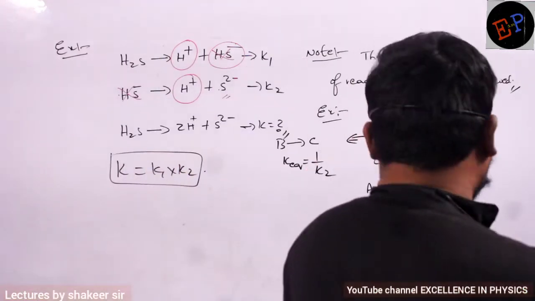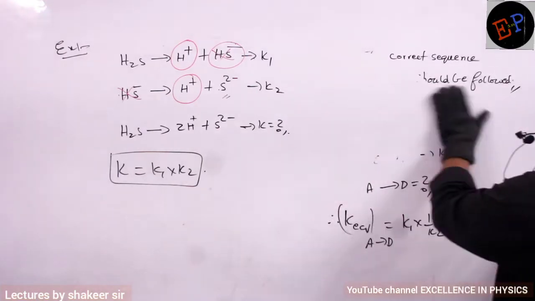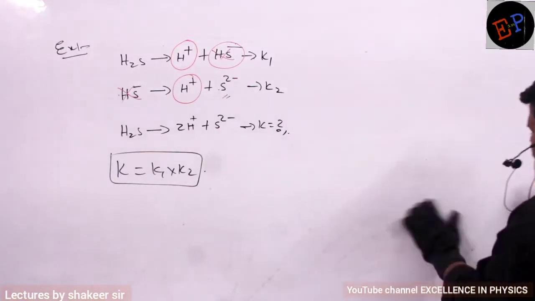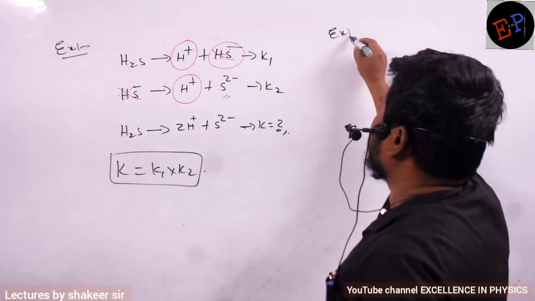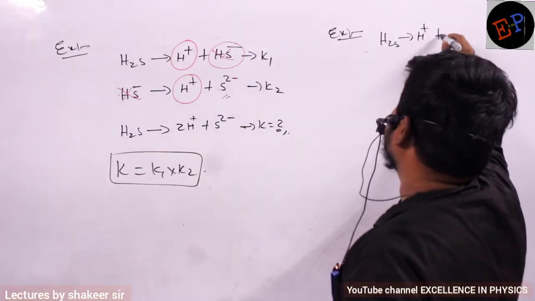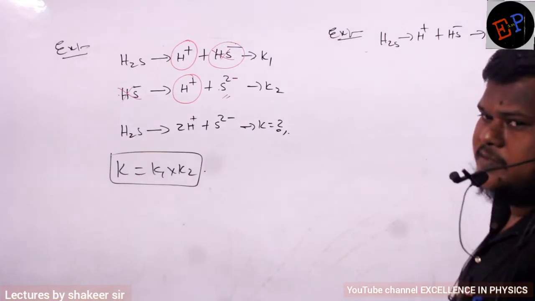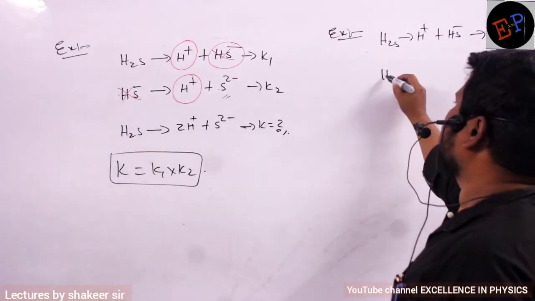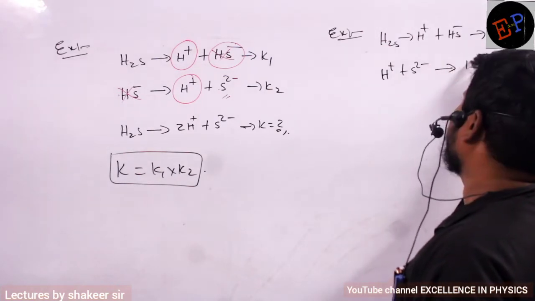Similarly, if instead of writing the reaction like this, the question would have given it like this. Let us see the given question. So H2S converted into H+ plus HS-. For this one, the equilibrium constant is K1. Then H+ plus S2- got converted into HS-.